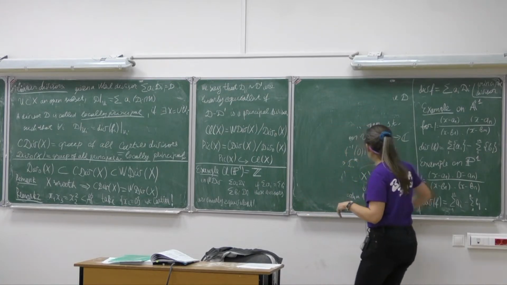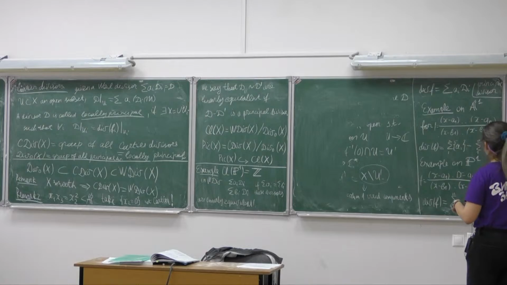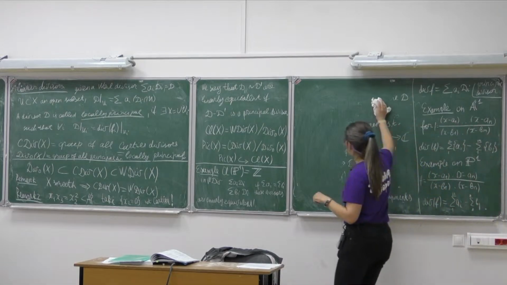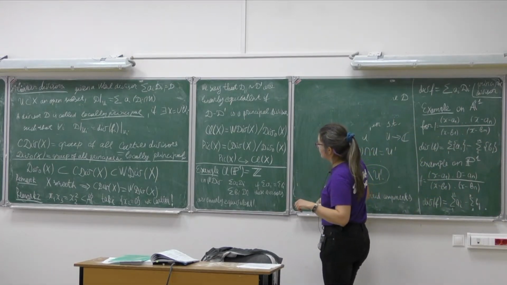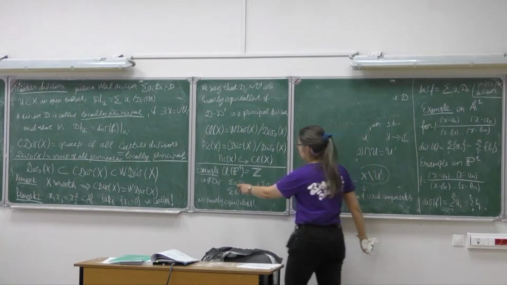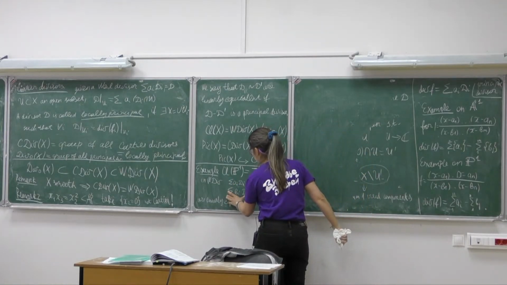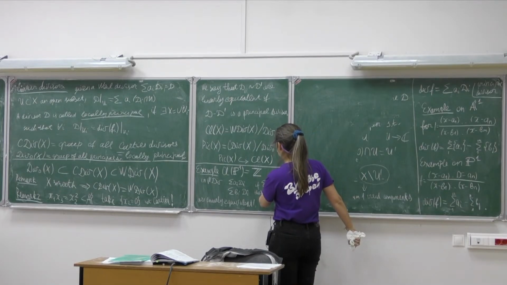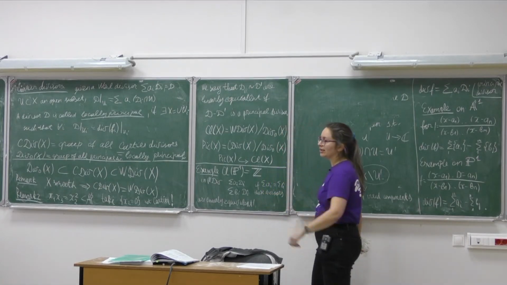Because if the sum is 0, I write those with positive coefficients here, and those with negative coefficients here, and I obtain a rational function corresponding to such a set of points. And now I want to explain that any two divisors which are not principal, if they have equal sums of coefficients, are linearly equivalent.